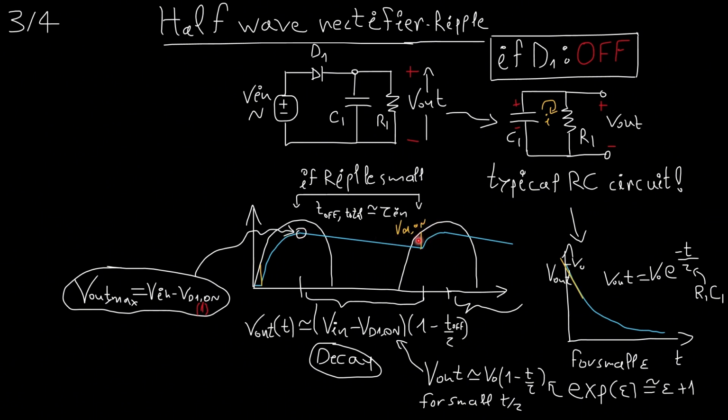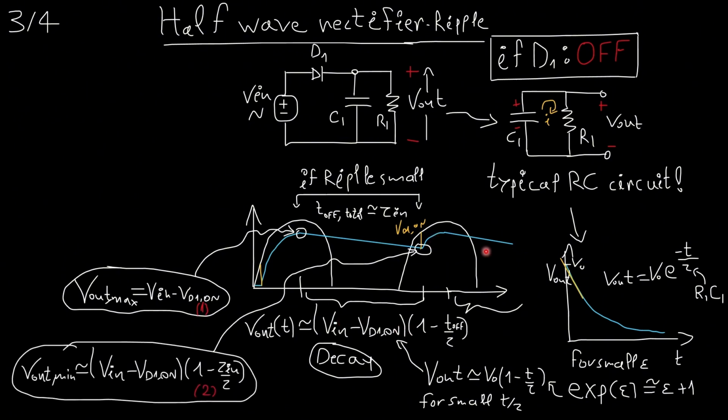This is a very small time difference. Then I can safely say that if I take these values and replace them here, V out minimum over here is going to be equal to Vin minus VD on times 1 minus tau in, the period of the input signal, over tau.